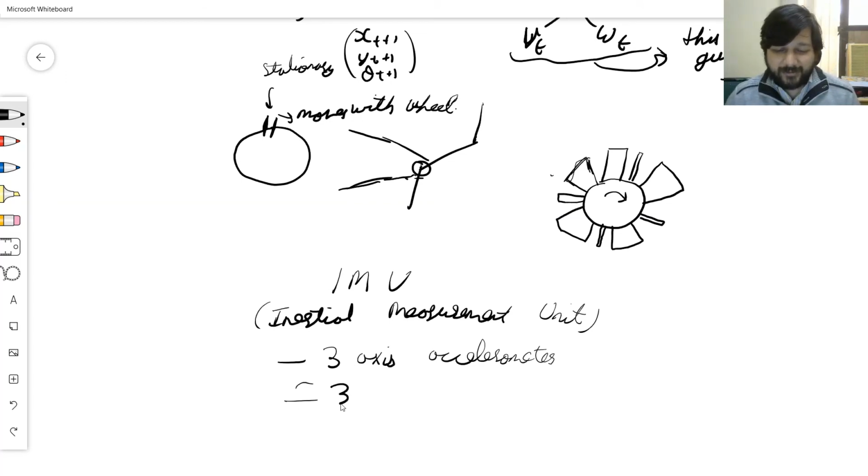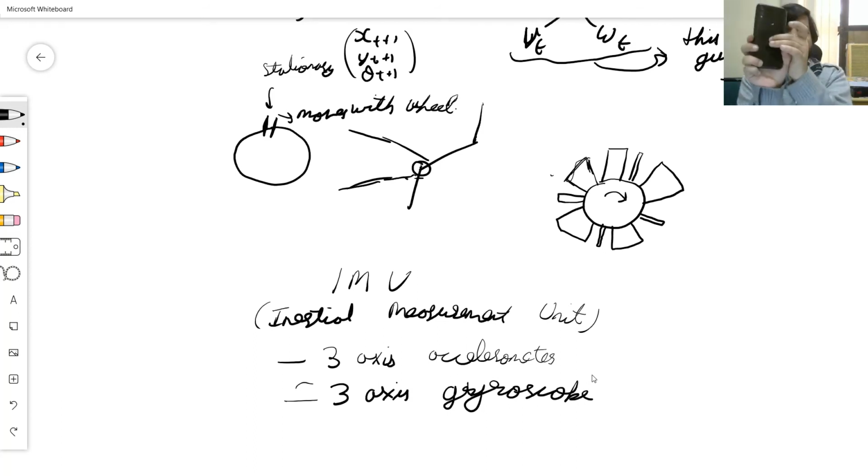There are two devices that do that. One is a 3-axis gyroscope. There's a spinning ball right inside this, and the spinning ball is inside a rigid frame which is attached to the body of the robot or the phone in this example.